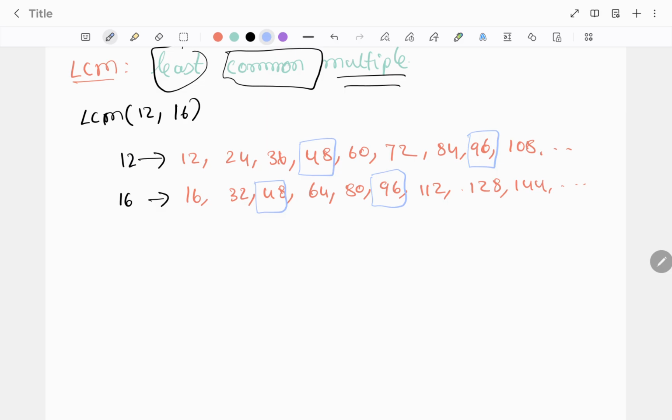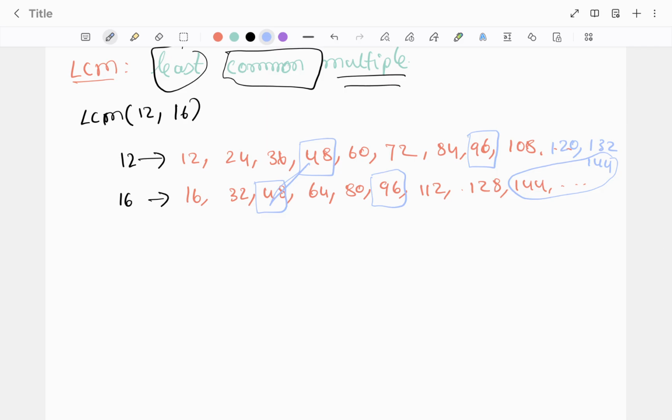If you continue writing, it will be 120 next, then 132, and then 144. So 144 is the third common multiple. But out of all these, what is the least one? The least one is 48. So that is the LCM. Meaning of LCM is least common multiple.